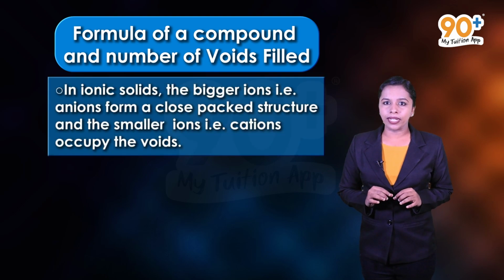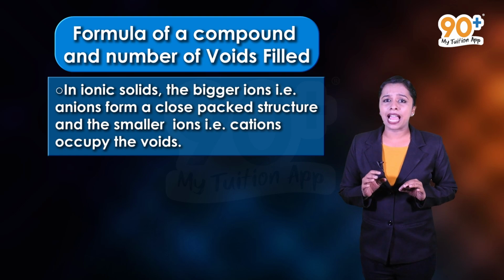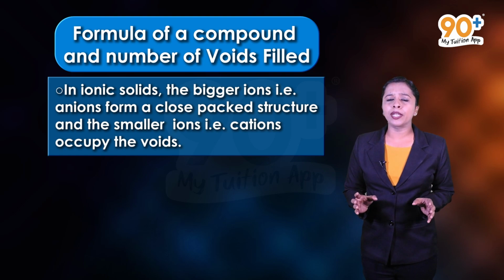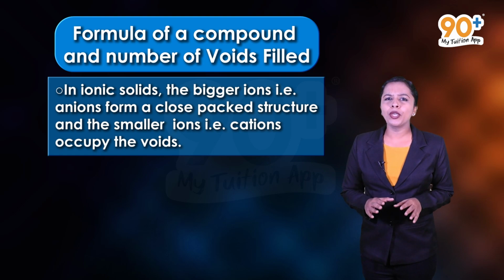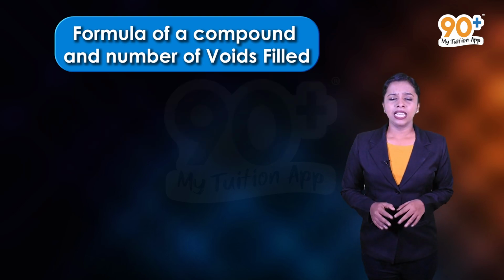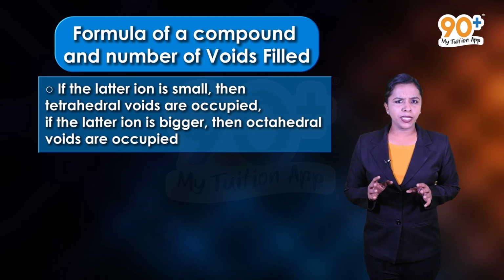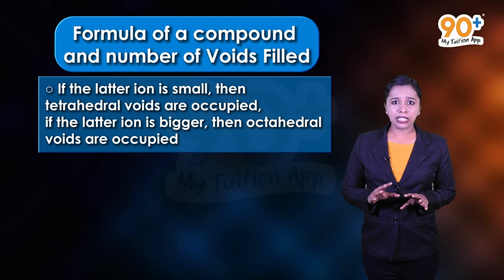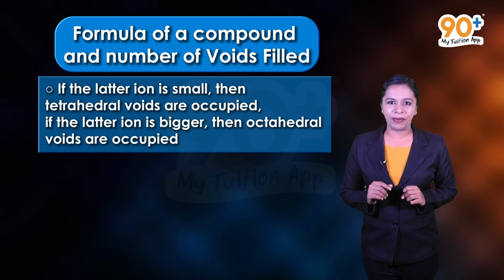In ionic solids, the bigger ions, that is anions, form a close packed structure, and the smaller ions, that is cations, occupy the voids. If the latter ion is small, then tetrahedral voids are occupied, and if the latter ion is bigger, then octahedral voids are occupied.